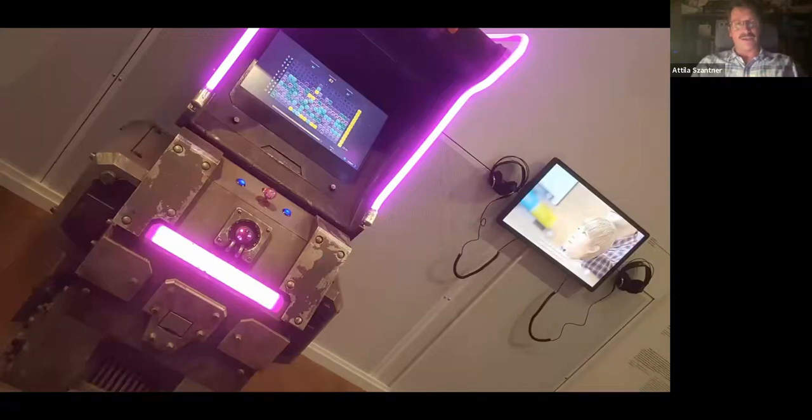This arcade machine has been on exhibition up until this July at the University of Arts in Zurich, the Museum of Gestaltung, where they had a really nice video game design exhibition. It's a piece of art. The company who made this custom-made arcade machine is the same company who created, if I'm not mistaken, the props for the Hollywood movie The Mandalorian. So you can imagine the quality and the attention to detail.